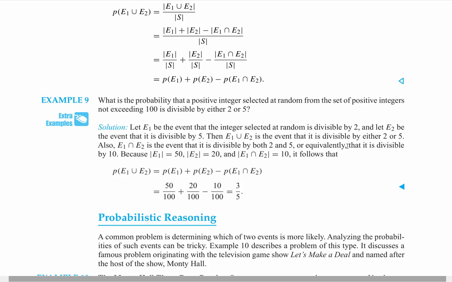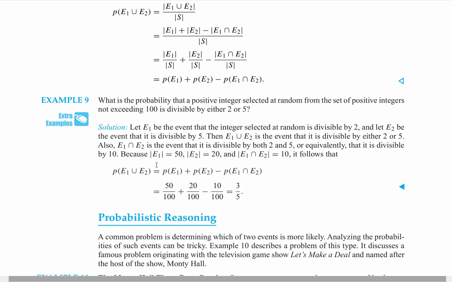Okay, then the union is being divisible by either 2 or 5 or both. The intersection means you're divisible by 2 and 5. In other words, you're divisible by 10. Alright, so now we can count each. The sample space here is size 100.